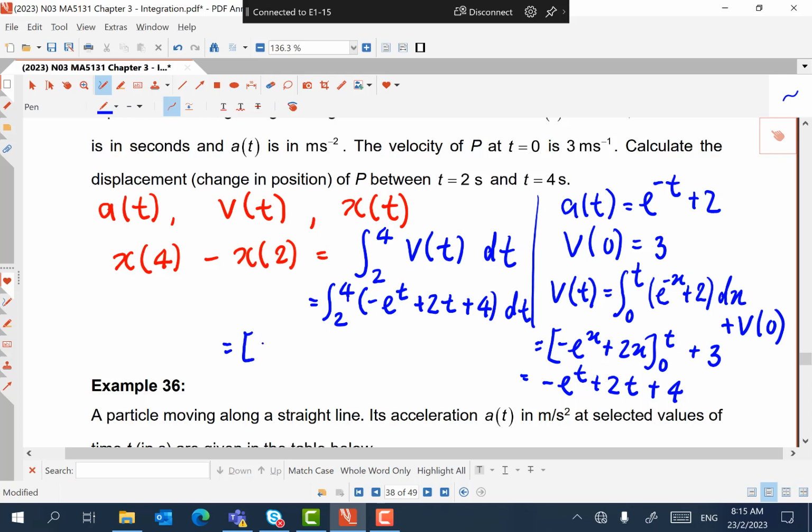And then this gives me minus e to the t plus t squared plus 4t, from 2 to 4. So this gives me e squared minus e to the 4, 16, 32 minus 12, I think it's 20.